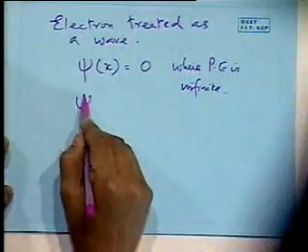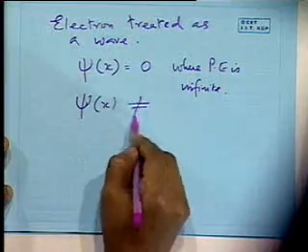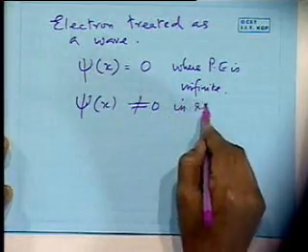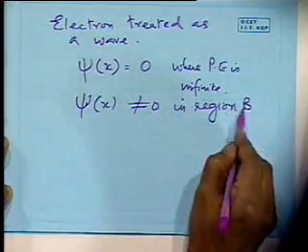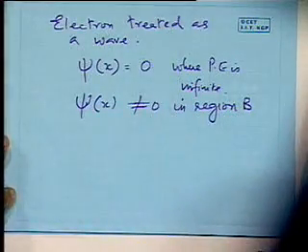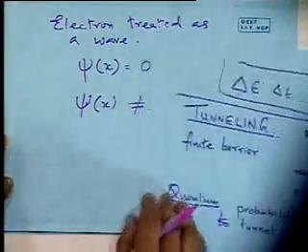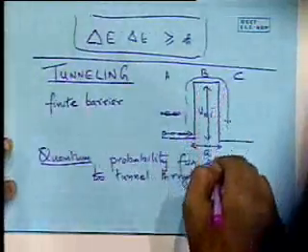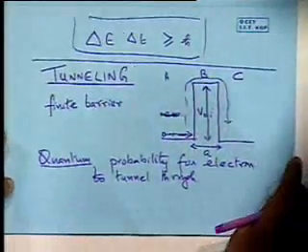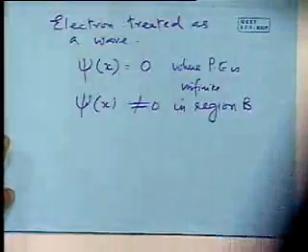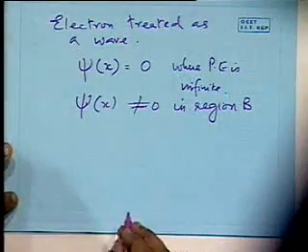But in terms of quantum mechanics, because we're talking of a wave, the wave function has a non-zero value because of the finite nature of the barrier. So in this case, psi is non-zero in region B. Okay? Within the barrier, psi has a non-zero value, and so on into C region also.